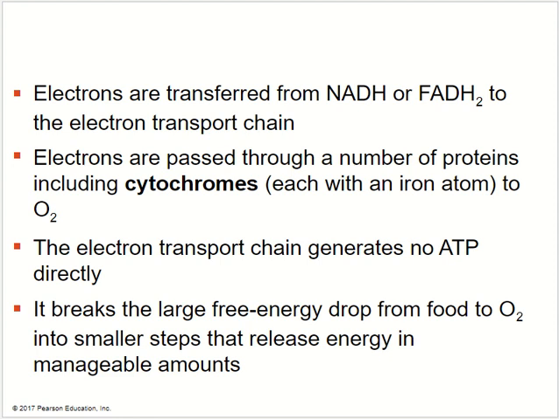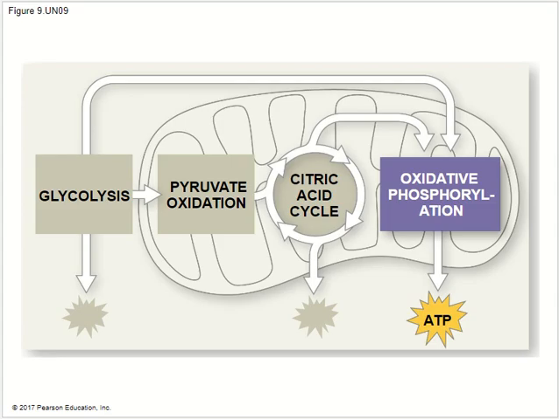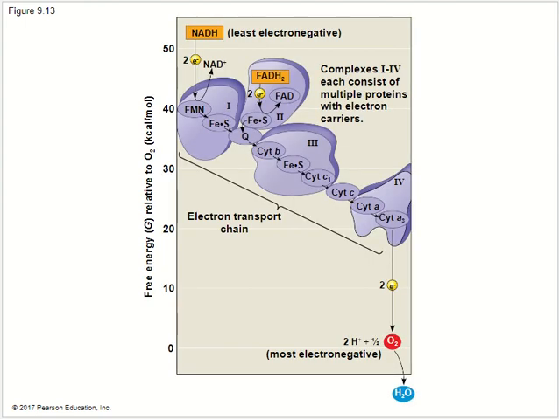The electron transport chain generates no ATP directly. However, it breaks the large free energy drop from food to dioxygen into smaller steps that release energy in manageable amounts. So now we're going to look at that final process, the oxidative phosphorylation, that releases the majority of ATP.